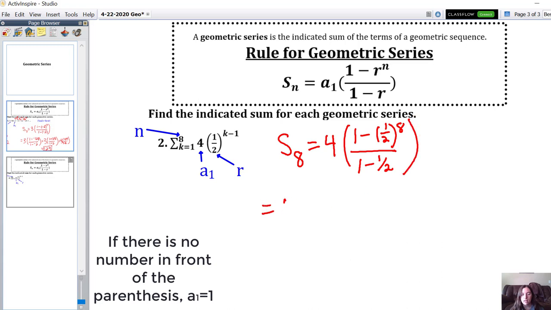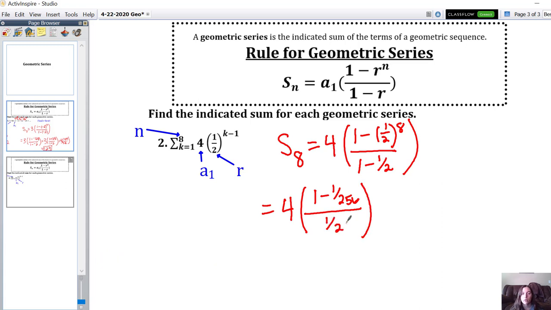And now simplifying the inside of those parentheses, 1 over 2 to the power of 8 is 1 over 256. So we have 1 minus 1 over 256 over, and 1 minus 1/2 is 1/2. Now remember, when we're dividing by 1/2, that's going to be the same thing as multiplying by 2.